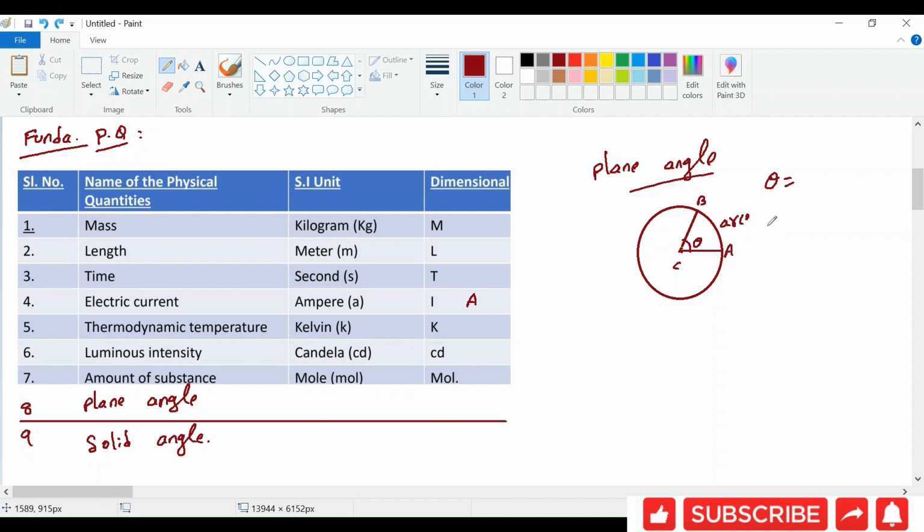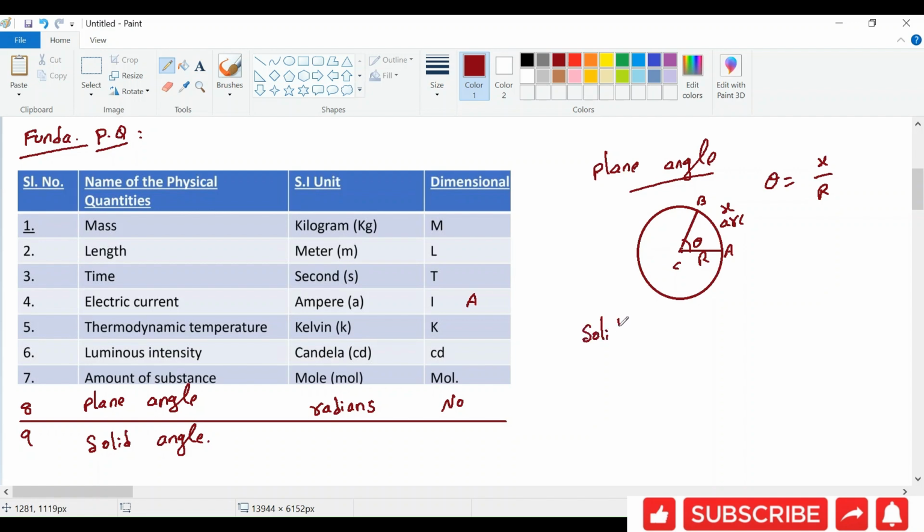This is the arc, it covers some distance x, and the radius is capital R. Its SI unit is radians, and there is no dimensional formula, because L and L cancel each other.